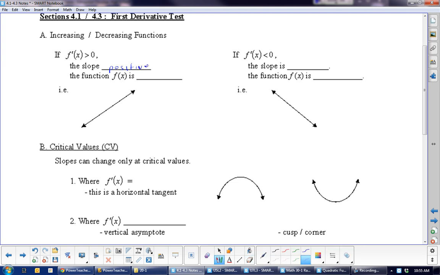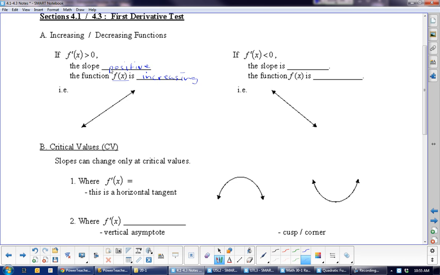So this is going to be helpful when you're drawing a graph. You'll always be going up at these parts, right? And that means f of x is increasing. If you're going to have a positive slope, the original graph must be increasing.